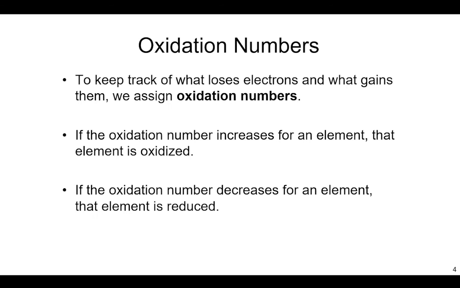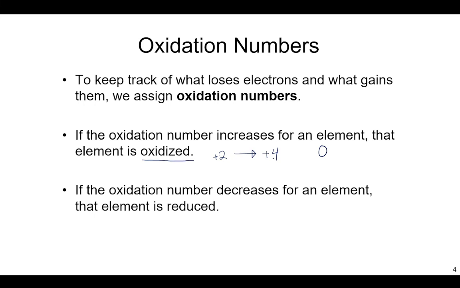One element might lose electrons, another element might gain those electrons. So we can assign oxidation numbers for the elements on both sides of a chemical reaction and keep track of what happens. If the oxidation number increases for an element, that element is oxidized. So for example, if an element goes from +2 as a reactant to +4 as a product, that is oxidized.